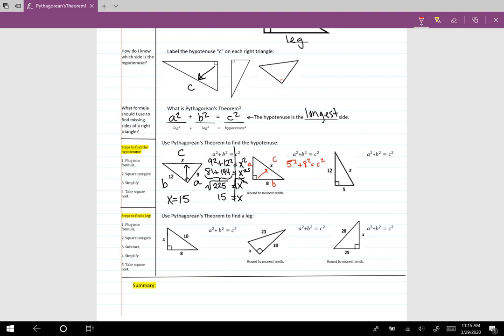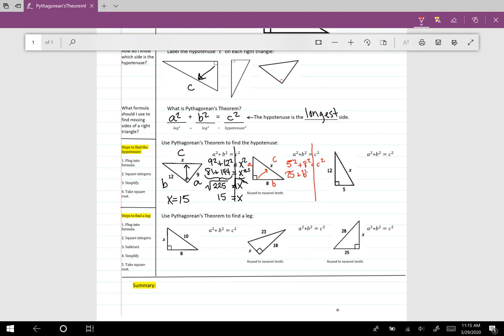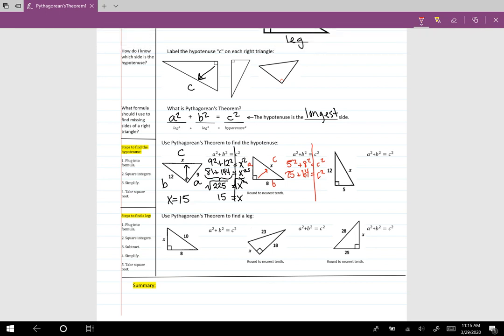And step 2, square the integers. 5 squared is 25. 8 squared is 64. 25 plus 64 simplifies to 89 equals c squared.